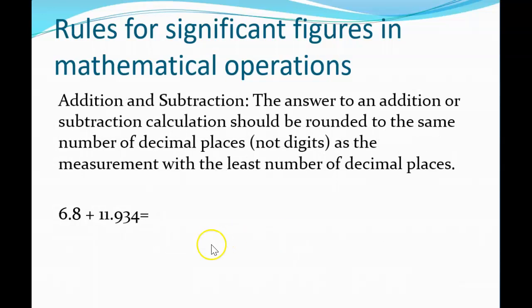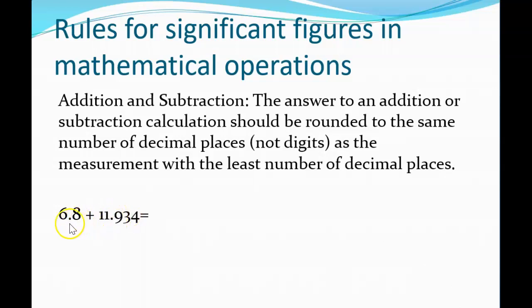Last but not least is addition or subtraction. The answer to an addition or subtraction calculation should be rounded to the same number of decimal places, not digits, we're not doing digits, same number of decimal places as the measurement with the least number of decimal places. So which one has less decimal places?